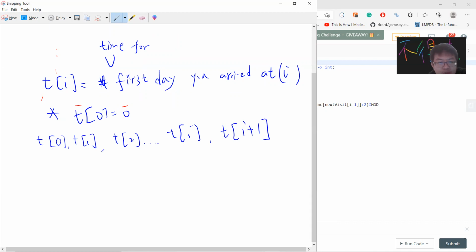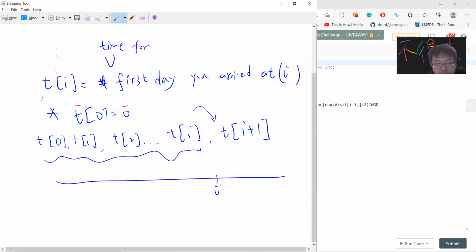By the rules, if you want to go to room i plus 1, then you must start from room i and be at room i an even number of times.